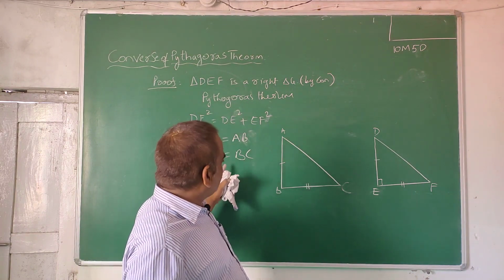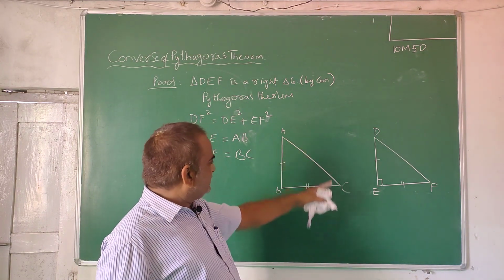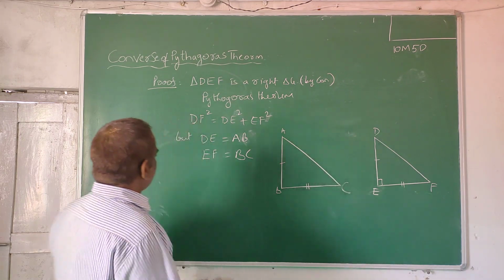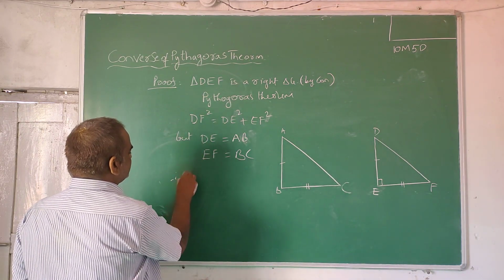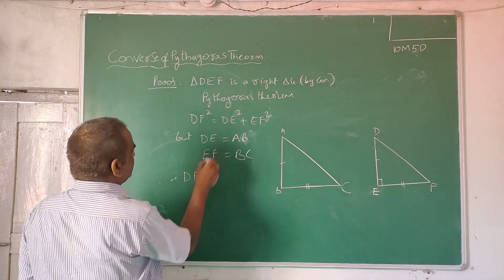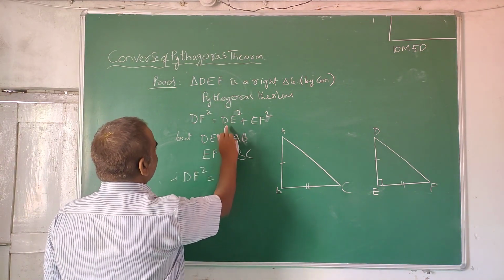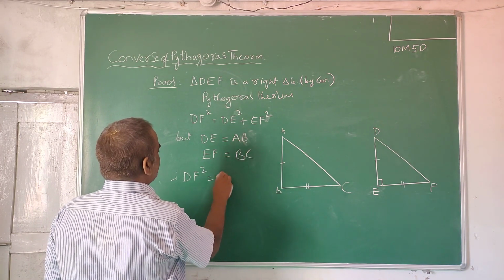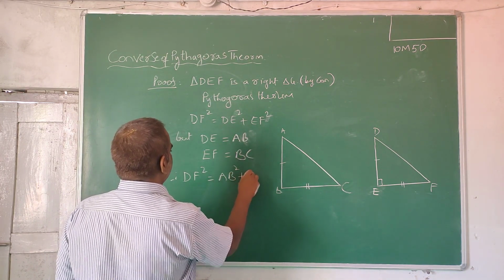Are you following? That's what we have constructed. So DE is equal to AB and EF is equal to BC. Then DF square reduces to, if you replace DE and EF with their respective equal values, AB square plus BC square.